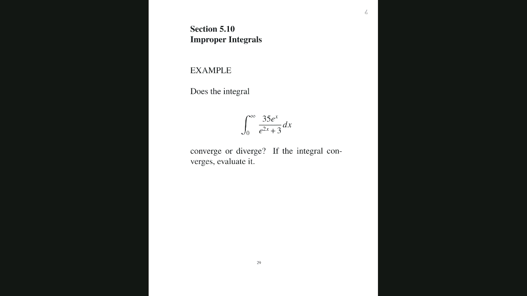What you have to do for this improper integral is recognize that e to the 2x is equal to e to the x squared. It's going to be in the recording, because I want to give you a little time to work.